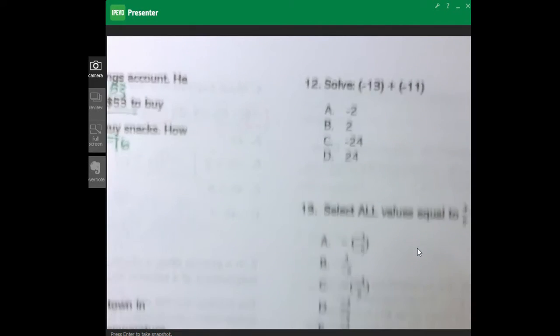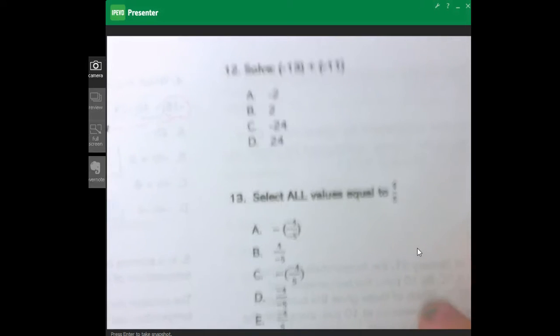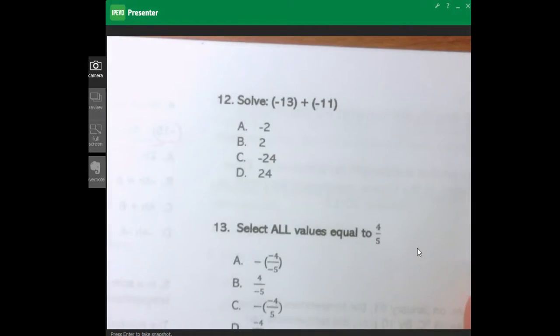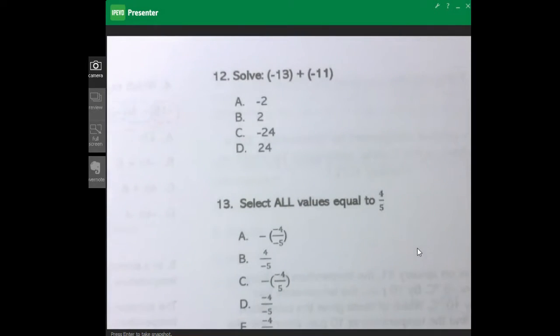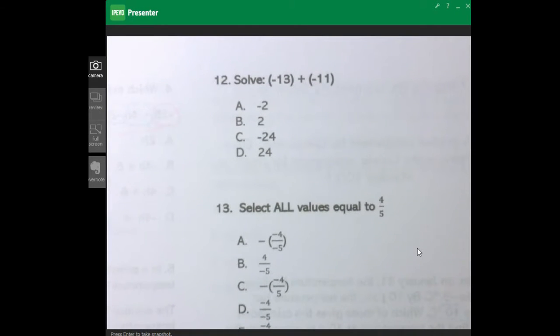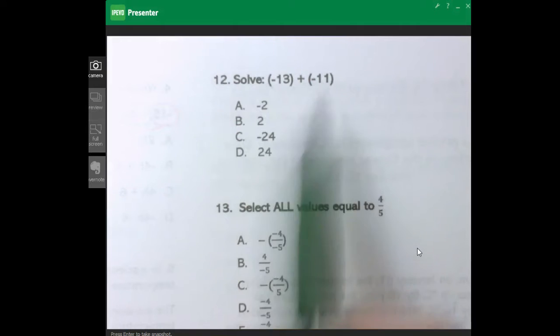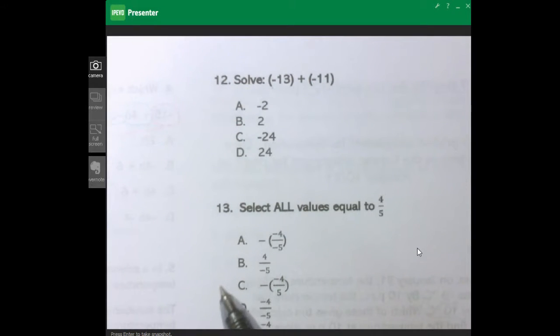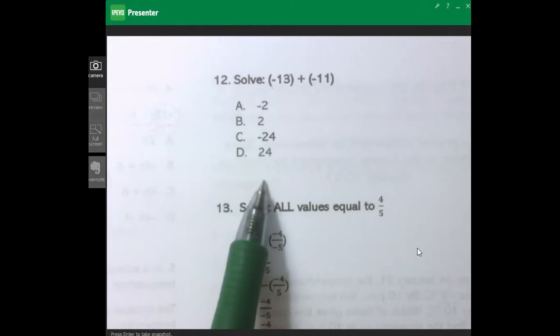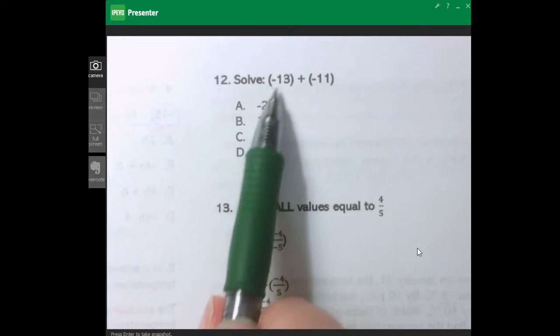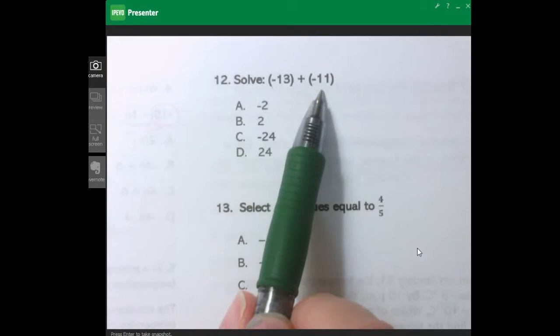All right, let's come over to number 12. We want to solve -13 plus -11. Keep using those integer rules. We have the same signs, so we add and we keep the sign. I could look at these answers and go, okay, I know that I have two negatives, so I'm going to have a negative answer.